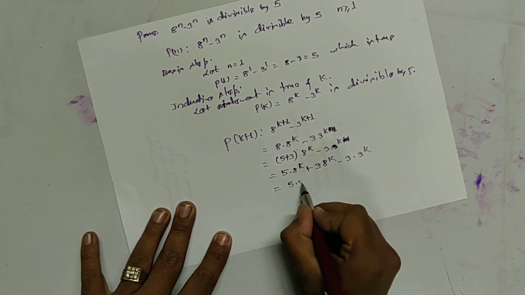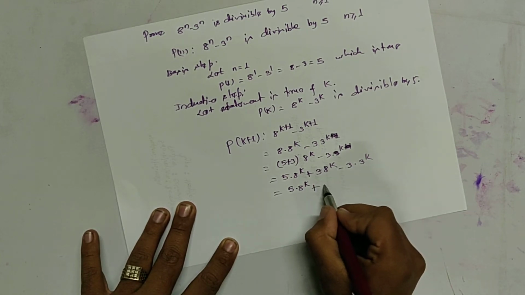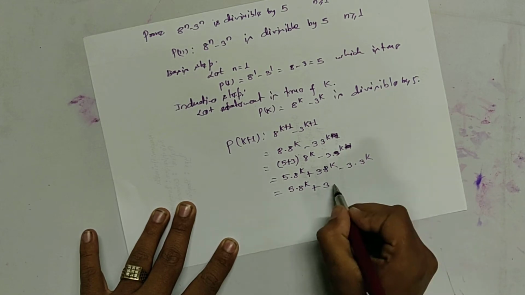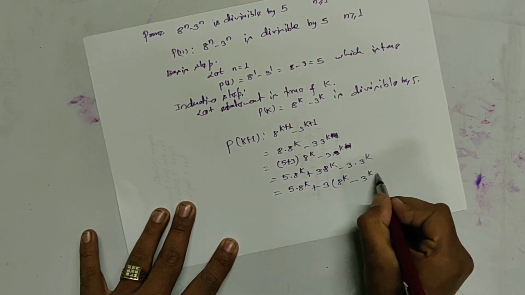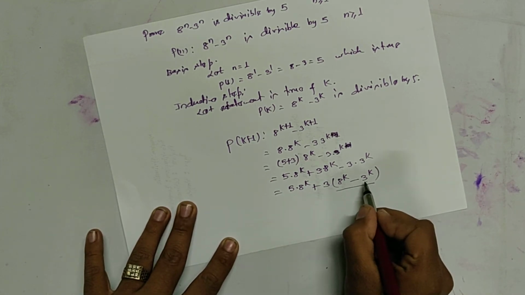So 5 into 8 power k plus, the common part is 3, so 3 into 8 power k minus 3 power k.